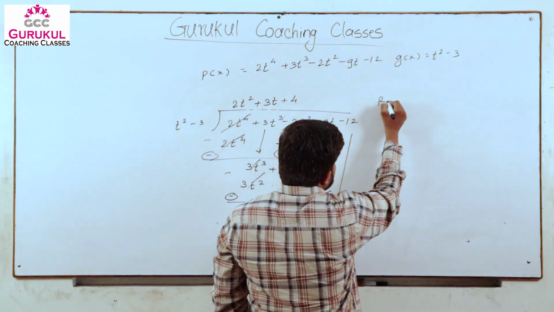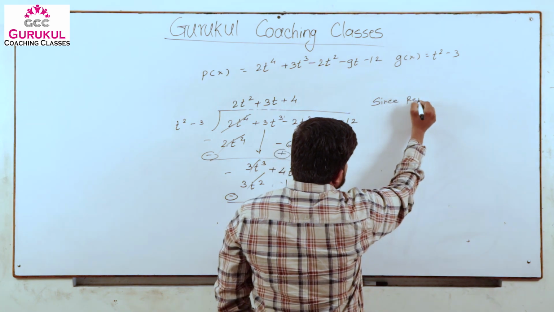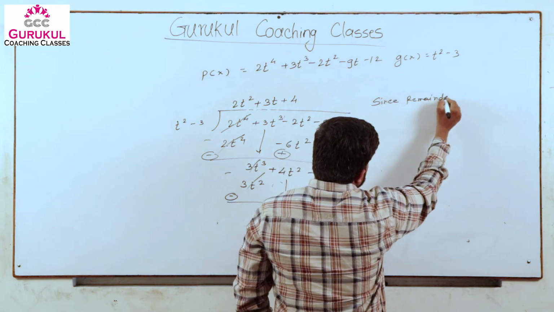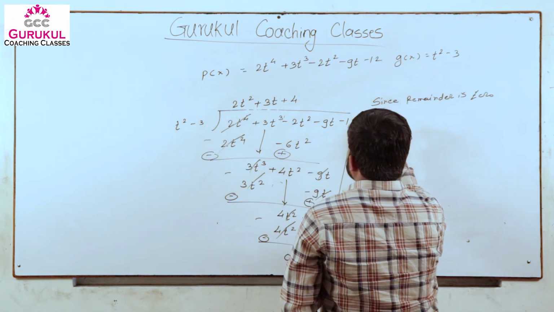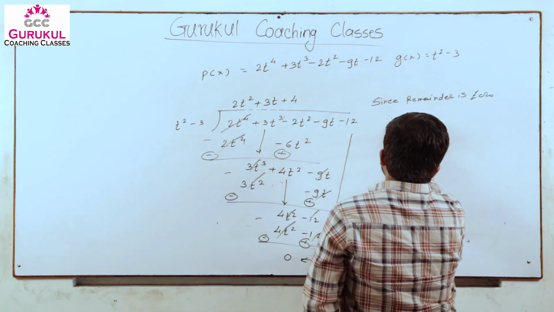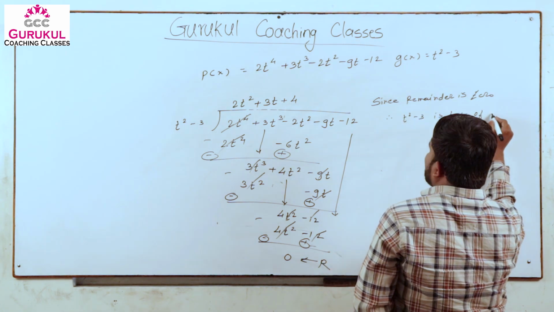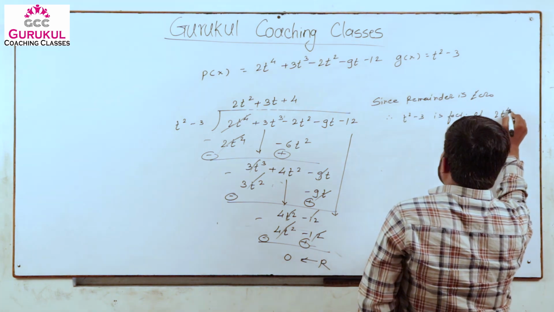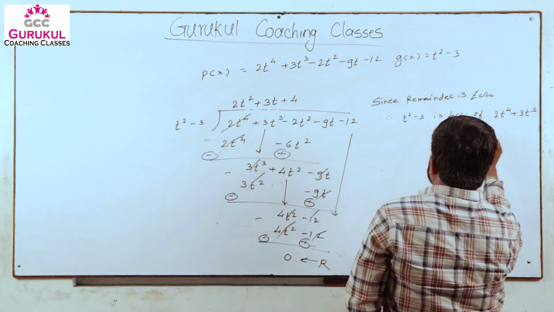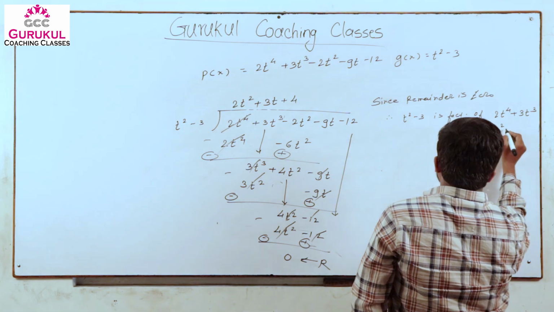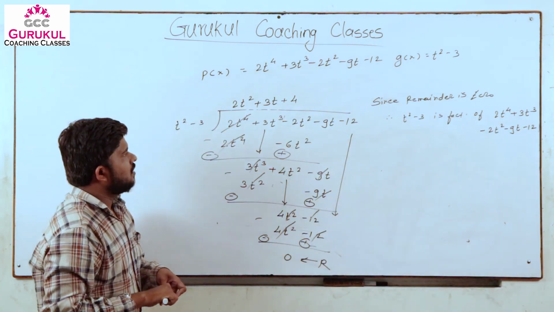Since the remainder is 0, therefore t square minus 3 is a factor of 2t raised to 4 plus 3t cube minus 2t square minus 9t minus 12.